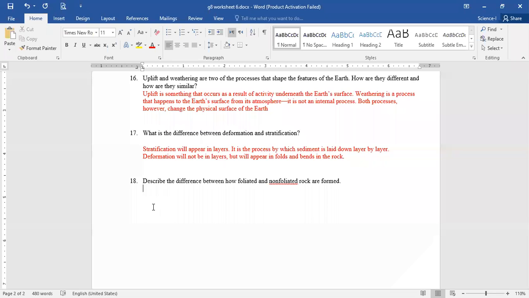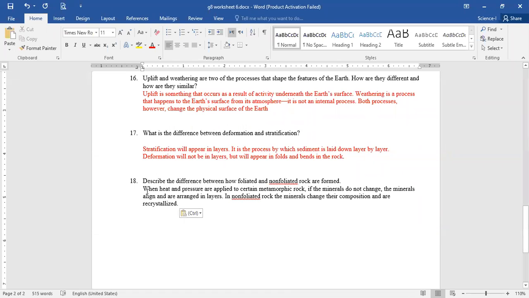So let's write the answers here. Okay. So we said when heat and pressure are applied to certain metamorphic rock, if the minerals do not change, the minerals align and arrange themselves in layers or bands. So that case will be foliated metamorphic rock. But in non-foliated metamorphic rock, the minerals change their composition, they will be recrystallized.